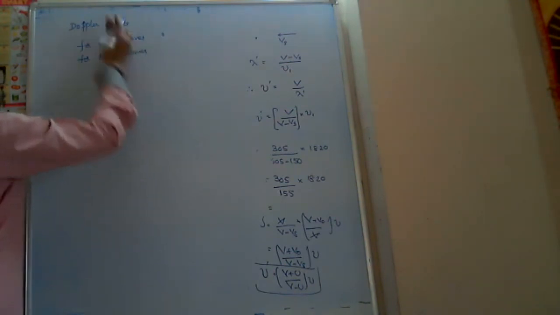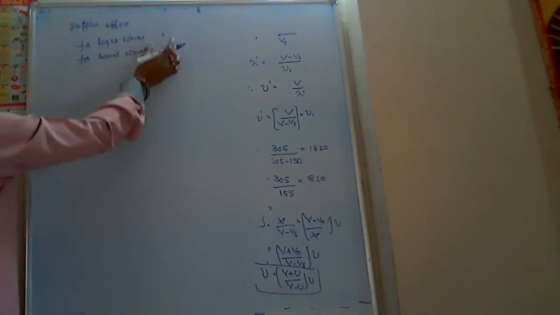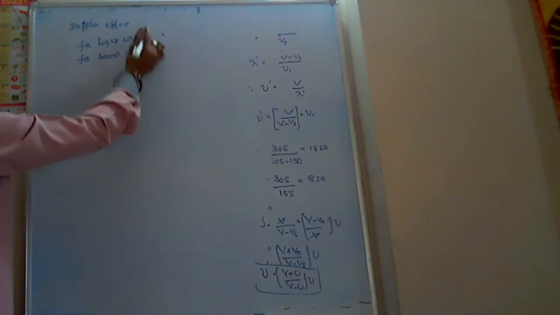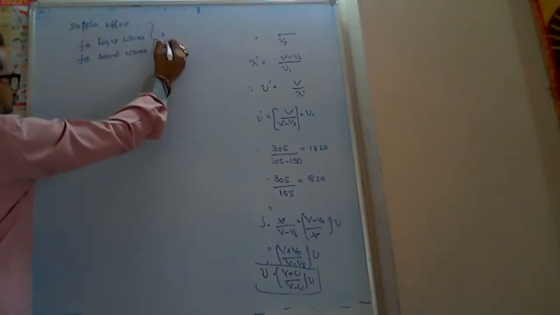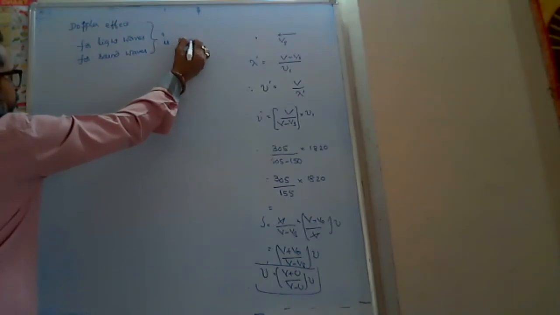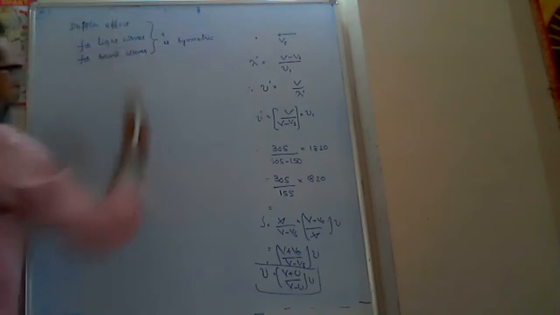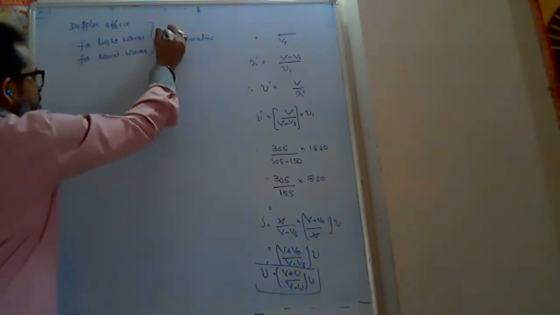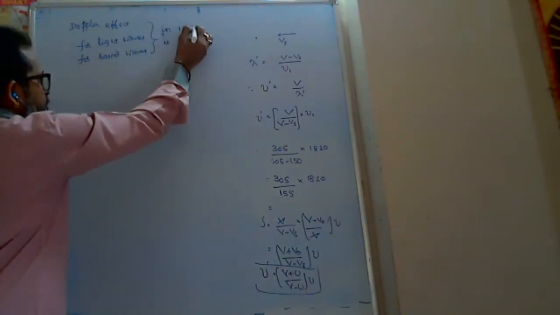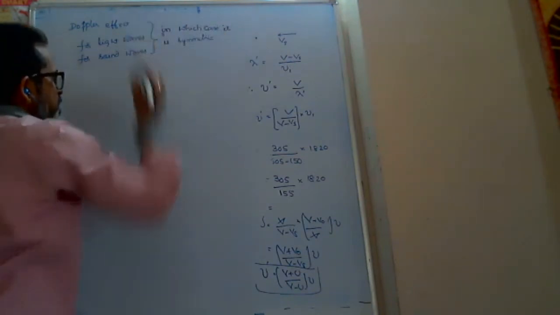If you apply the Doppler effect for both the waves, electromagnetic waves and mechanical waves, in which case is the Doppler effect symmetric? This is one question now. So, in which case is the Doppler effect symmetric?